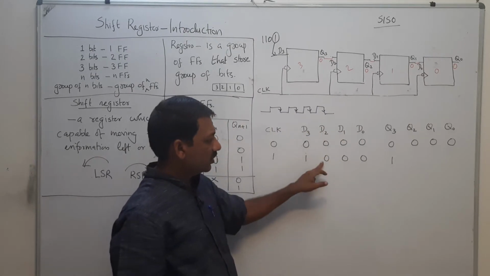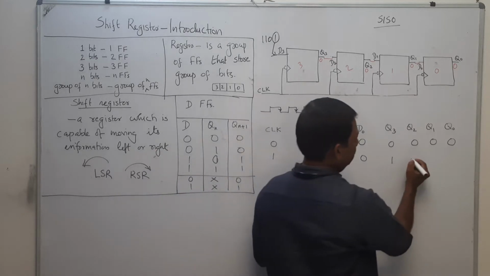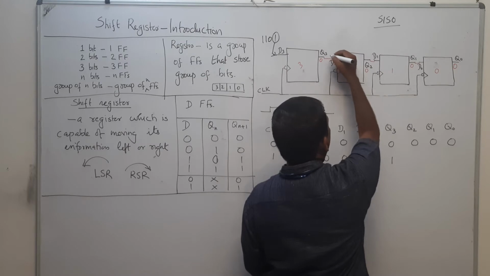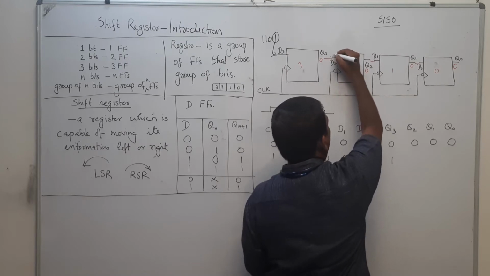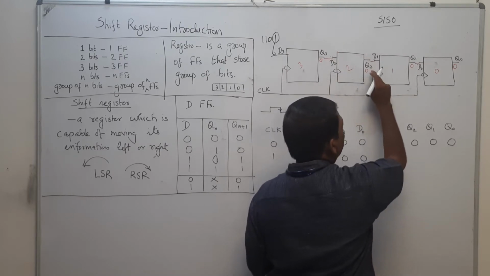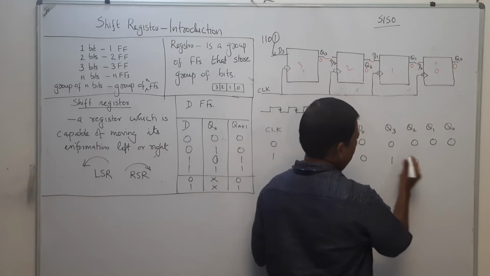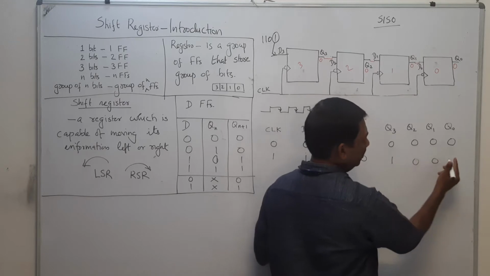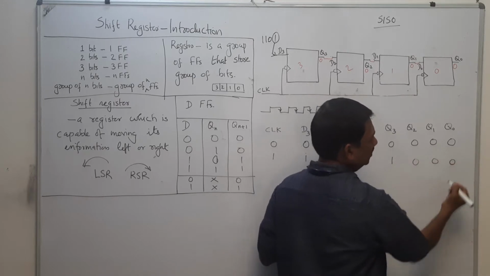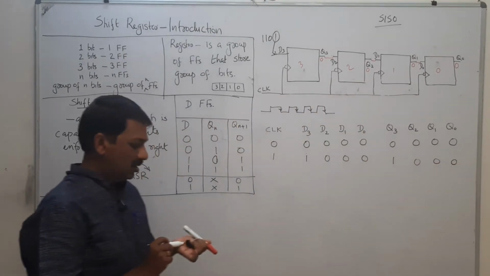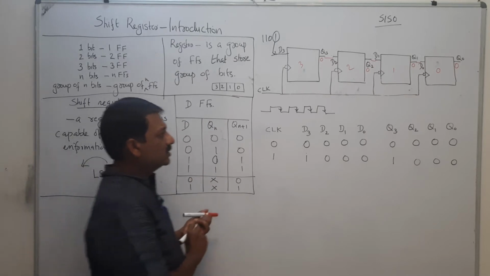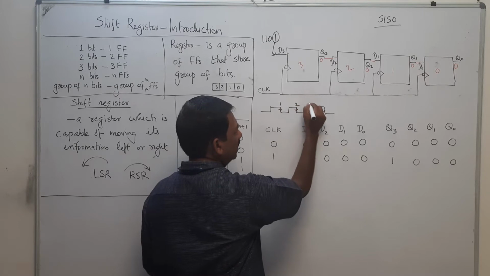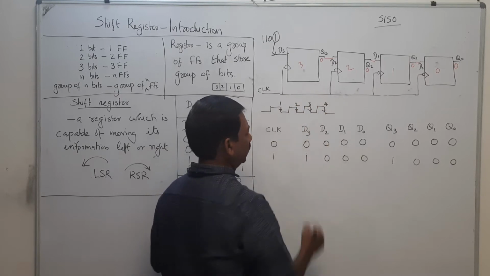D2 is 0, so Q2 will be 0. As D1 is 0, Q1 will be 0, and D0 is 0, so Q0 will be 0. This is the first clock pulse, this is the second, this is the third, and this is the fourth.